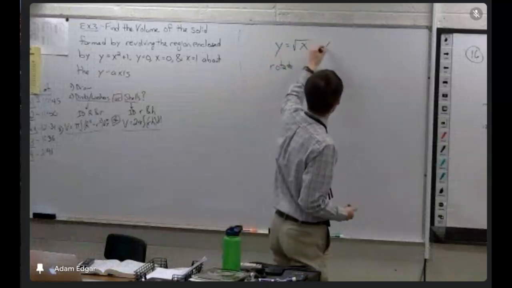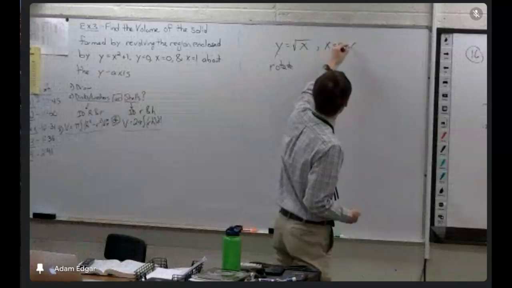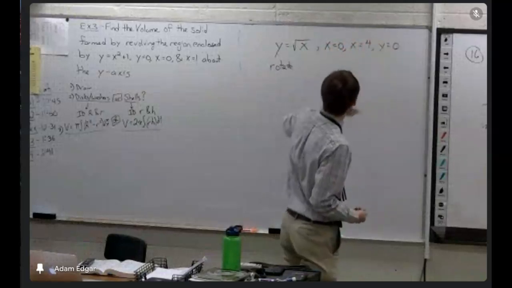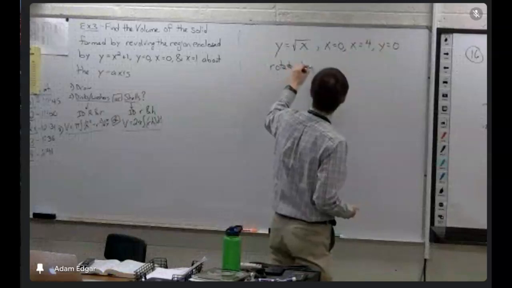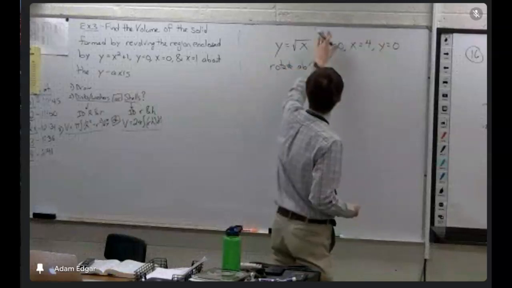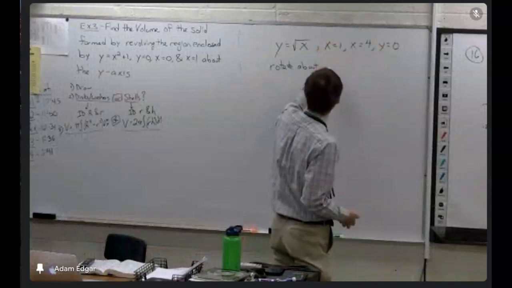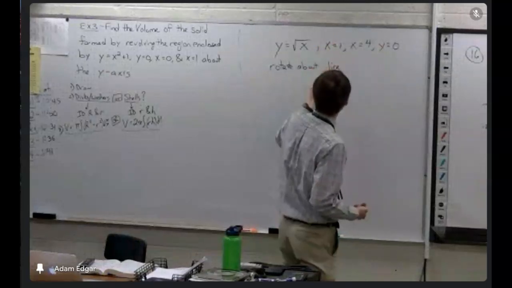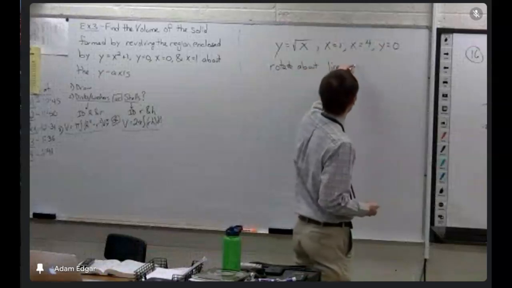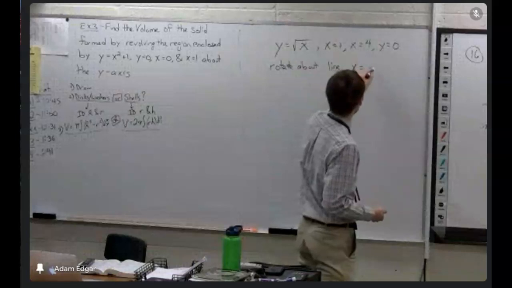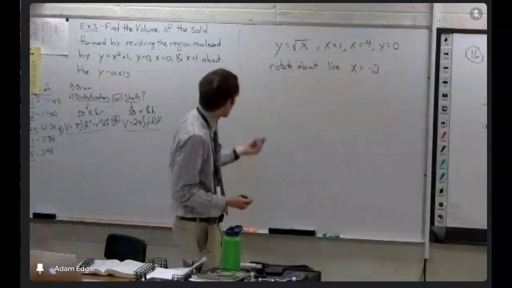So how about x equals 0 and x equals 4 and y equals 0 and rotate about, well, let's say x equals 1 actually. Rotate about the line, I think life would be much easier. No, I've already committed. x equals -2. Because I said -2.